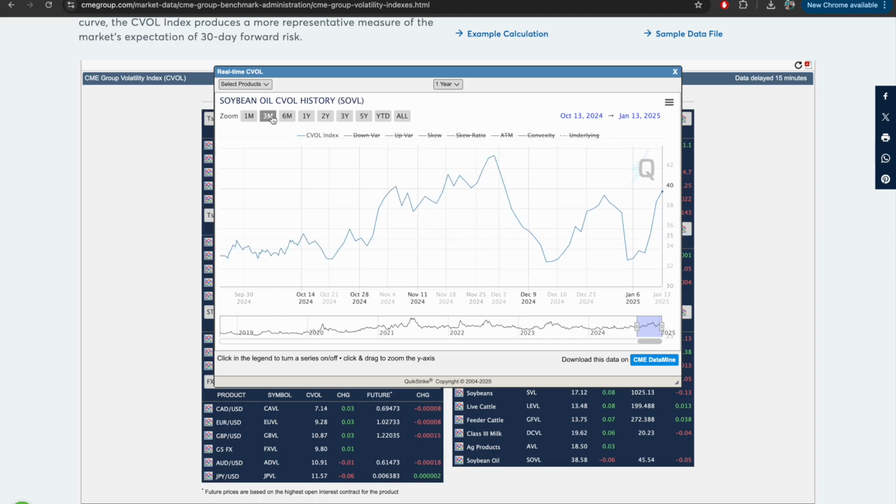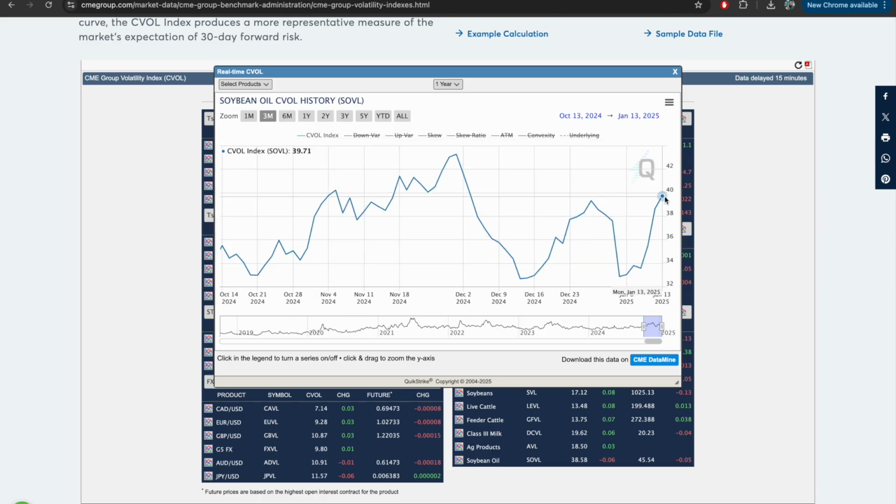So if we look at the last 3 months, CVOL is right around over here, which is 39.71. The number is right over here, 39.71, and relatively it's pretty high. So it's definitely in the upper 75%, or the upper 70%, of the range for the past 3 months. This would have been the highest point in the past 3 months, and currently we are here.